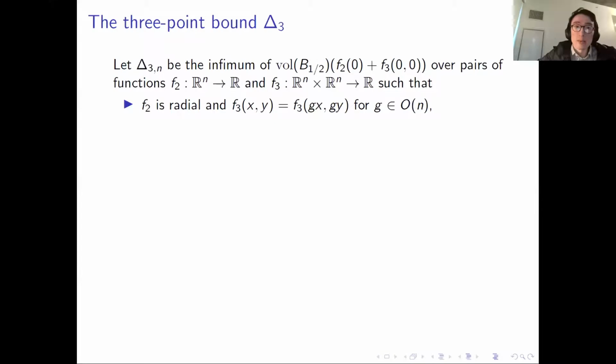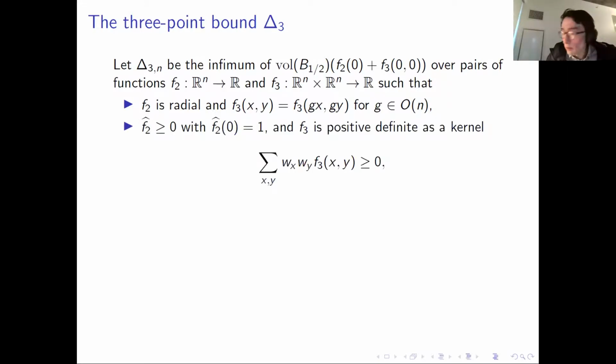And we still have a linear objective, but now we need this extra contribution from F3 at 0, 0. And then we still have some positive definiteness conditions, but now note that F3 is positive definite as a two-variable kernel. So the Fourier transform of F3 does not really play a role in this bound.